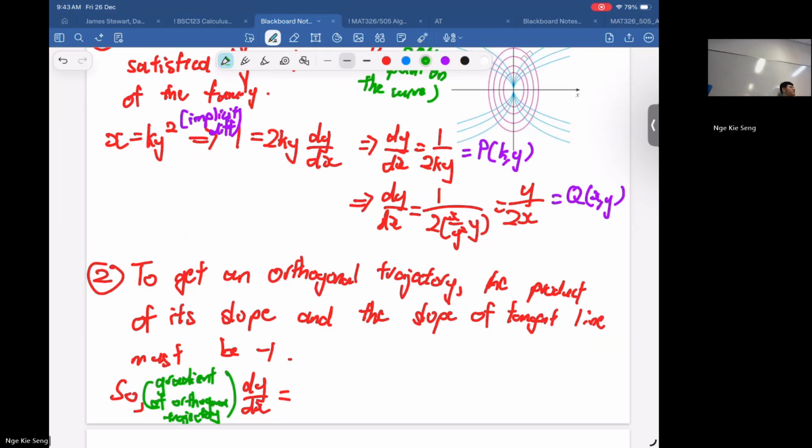Do you know what we want to do here? The answer is on the board. I'm going to get the gradient of the trajectory in particular. So how to get that gradient?